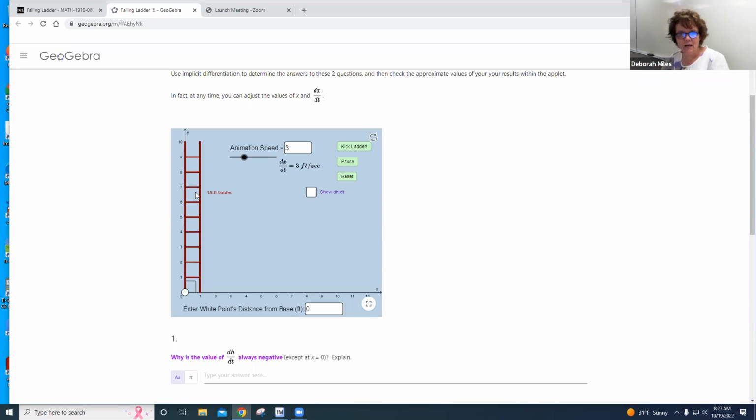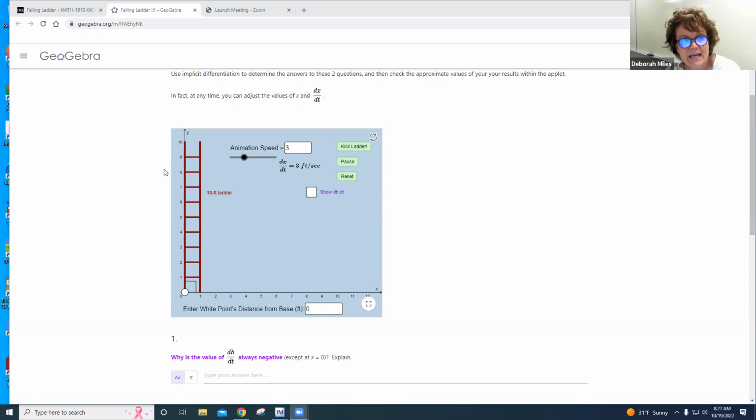I'm going to play this a couple times, and I want you to pay attention to something different each time I play it. This is set so that the x-axis is how far away from the base of the building the base of the ladder is. The ladder is sliding along the ground here, and x is the distance the bottom of the ladder is from the building.